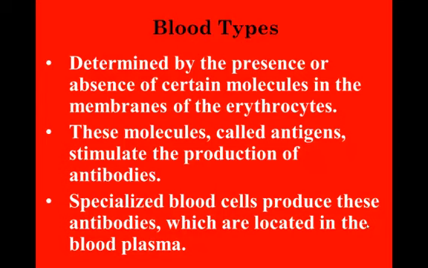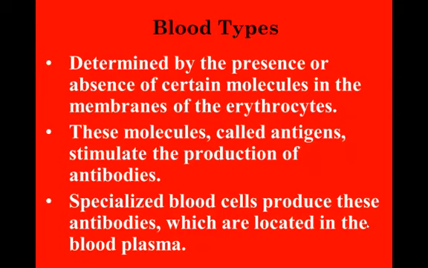Now, why is an antigen important? I'm just talking about the blood antigens. There are other antigens in our body as well, but we're just talking about the blood ones. They stimulate the production of antibodies. That's their job. Specialized blood cells produce these antibodies, which are located in the blood plasma.